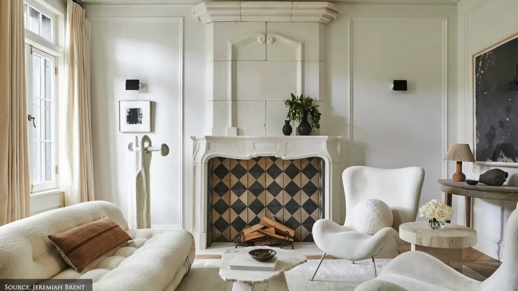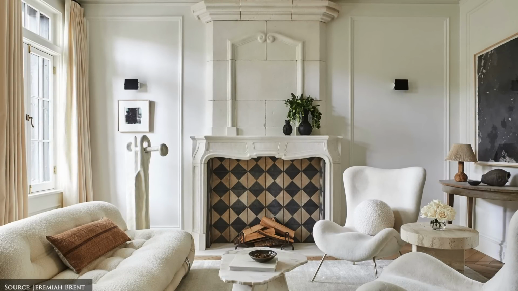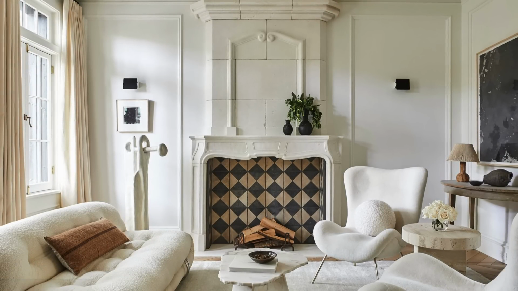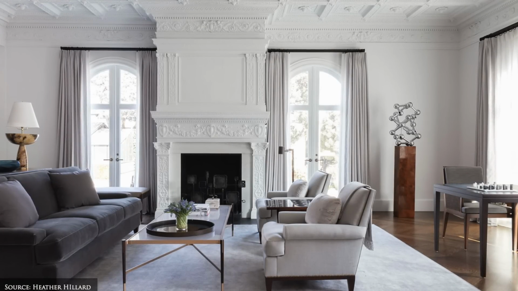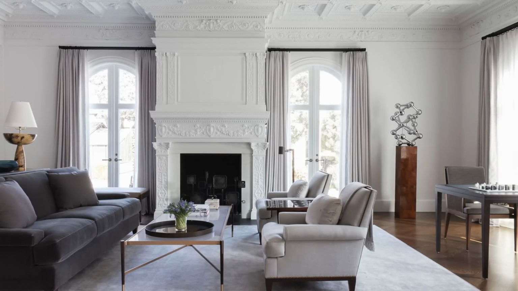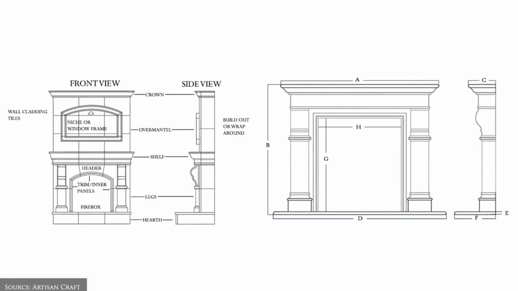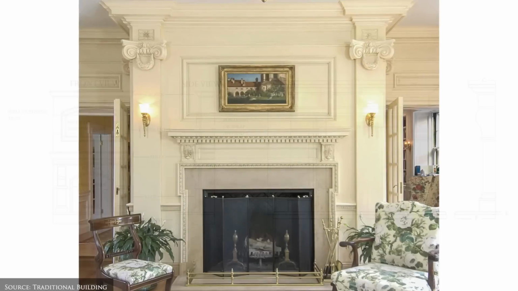Fireplace mantel anatomy. The fireplace mantel comes in two major parts, the lower mantel and the optional over mantel. The lower parts include the shelf, legs, header, inner trim and hearth, whereas the over mantel includes the crown and cladding tiles.